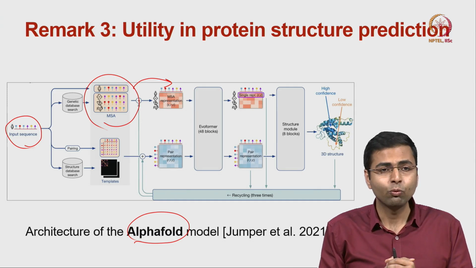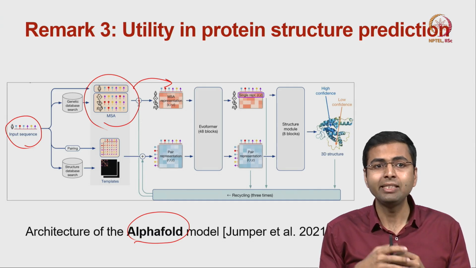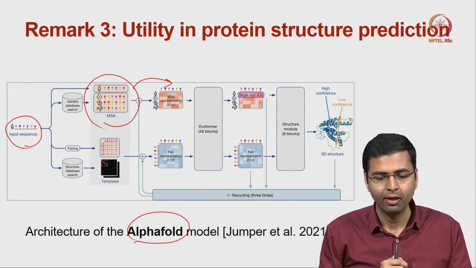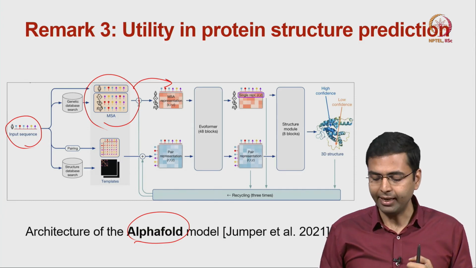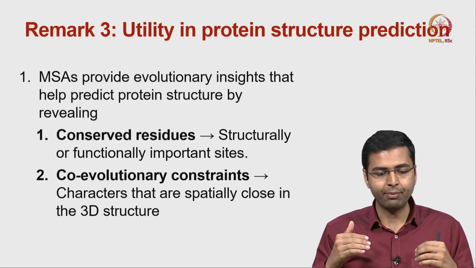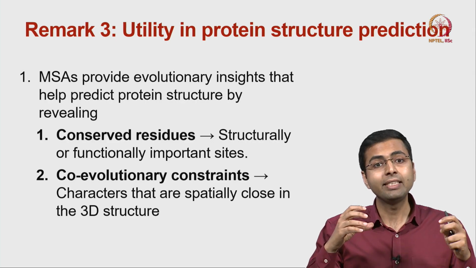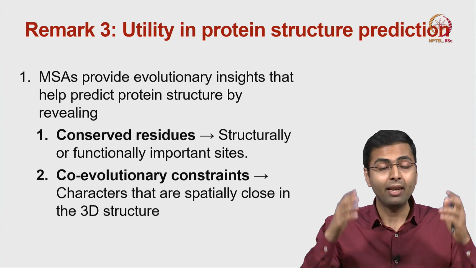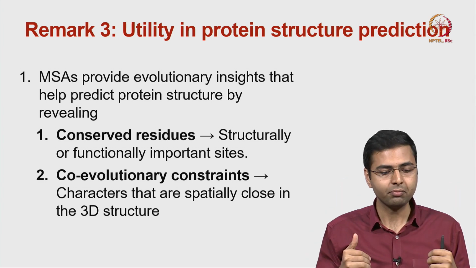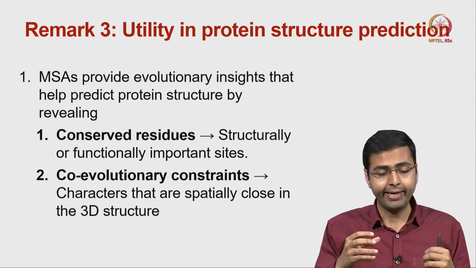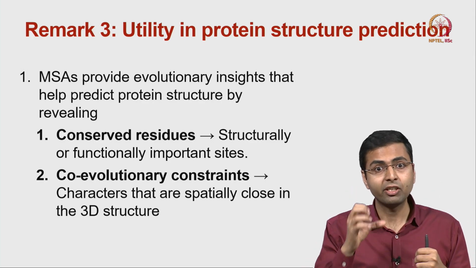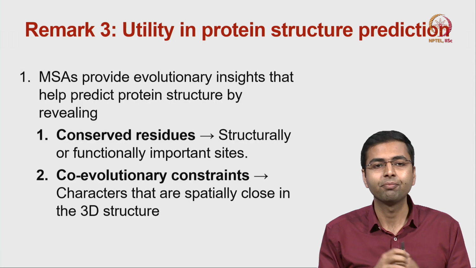Now you can ask, why would a multiple sequence alignment of protein sequences help during protein structure prediction? Well, from the multiple sequence alignment, the model can see what characters are conserved well across multiple sequences, and if the characters are well conserved, then those must be structurally and functionally important sites.